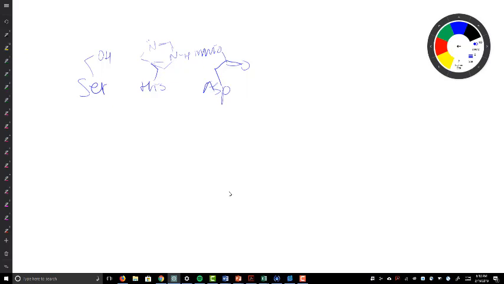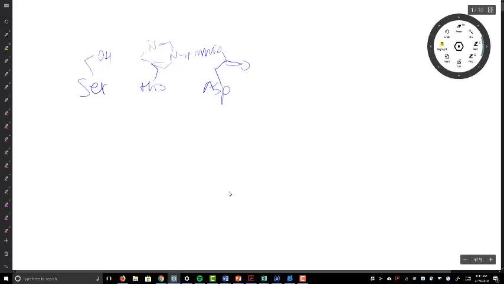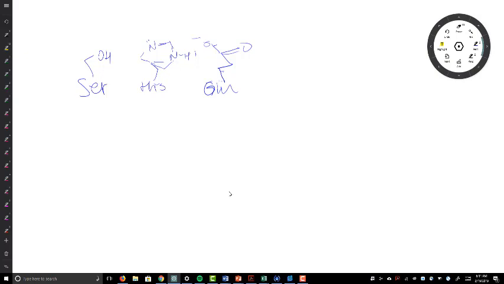Where if I was like, oh, it doesn't have an aspartate, it has a glutamate, and then you go and draw that out, you're like, huh, what does that look like that I already know? Oh, it looks like a serine protease. I just added the carbon onto the aspartate to make a glutamate.